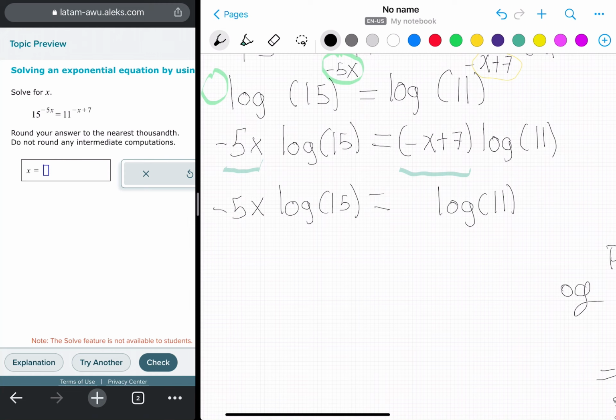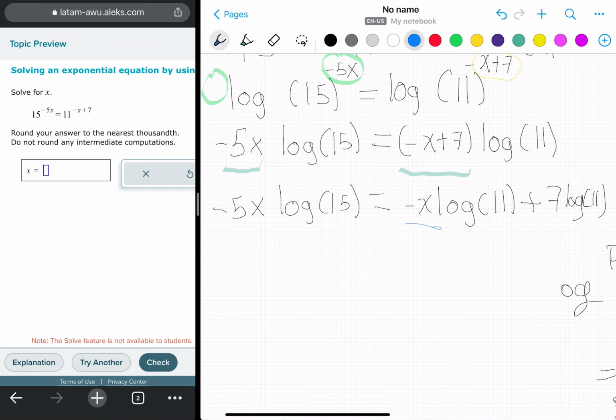So I will write minus x logarithm of 11 plus 7 times the logarithm of 11. Now, I will take to the left side anything that has an x and leave on the right side anything that does not have an x.